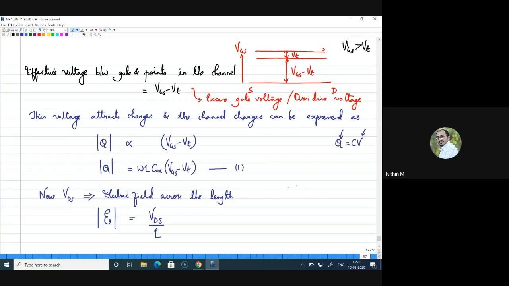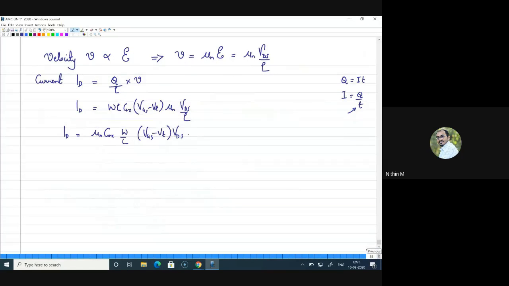So what I have written here is, see, you have a channel present. Now assume that you already have a channel. It is not by the application of VGS. In that case, I can actually write only in this form, right? I know this amount of charge is present, and now when I start increasing this VDS, a current will flow. That is what I have taken here.